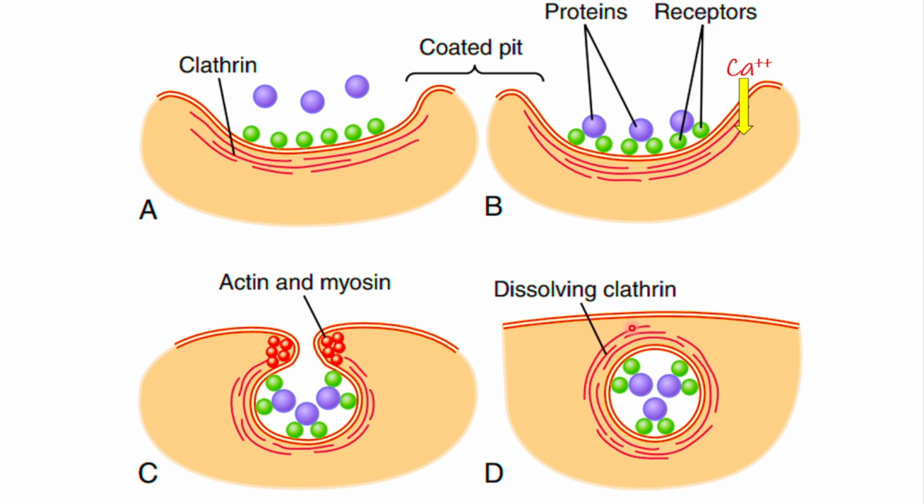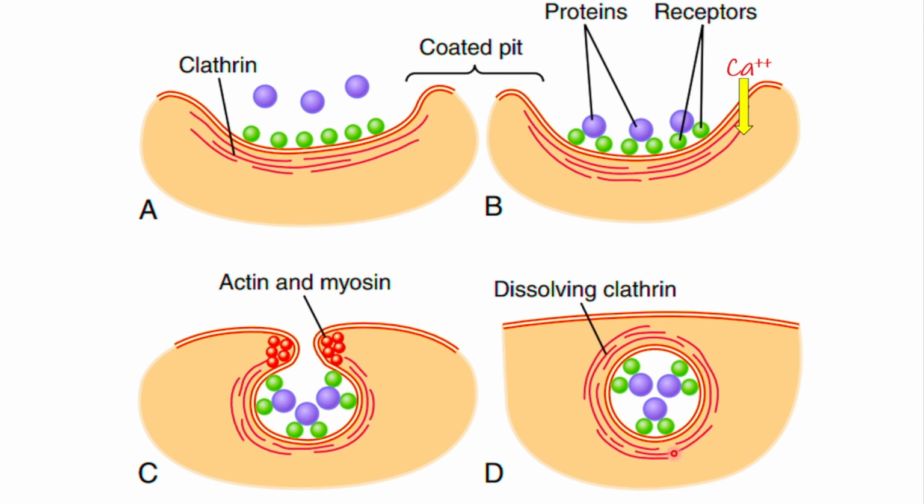When they fuse, this causes the movement of the whole pit, along with its receptor and the molecules, inside the cell in the form of an endocytotic vesicle.